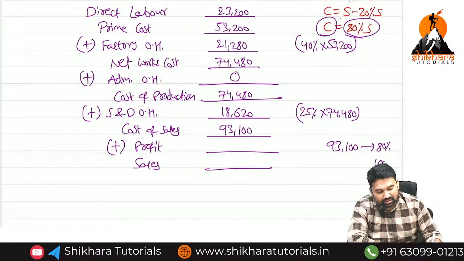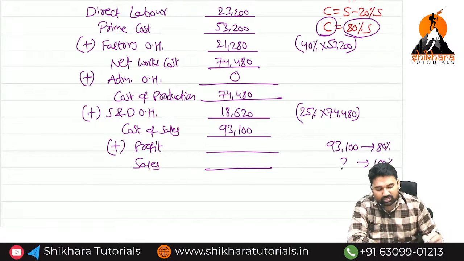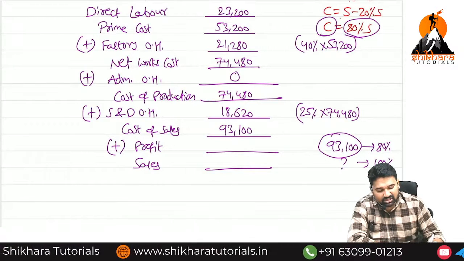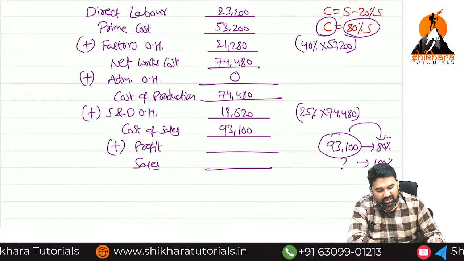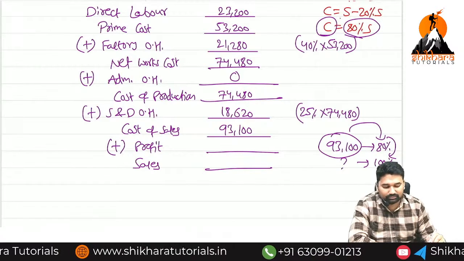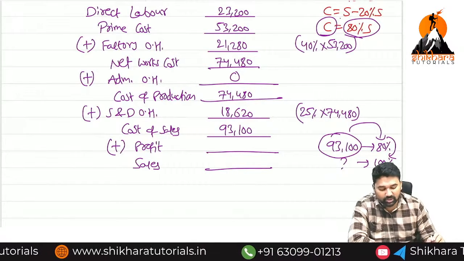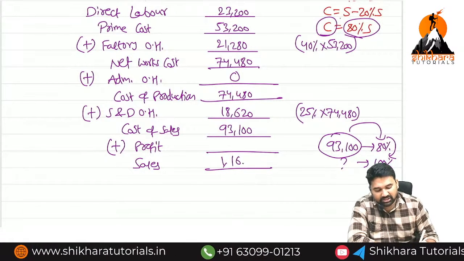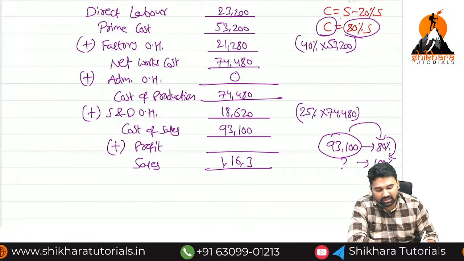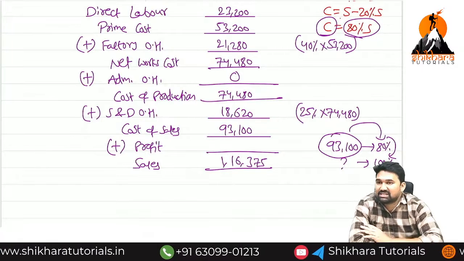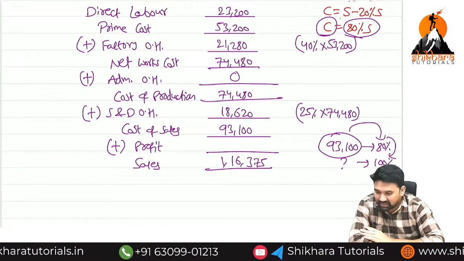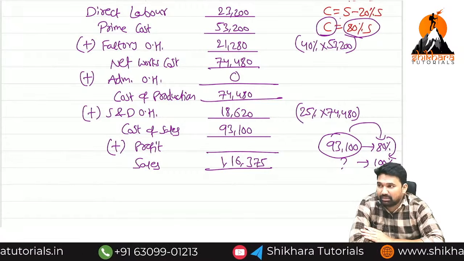Then 100% is how much? 93,100 by 80 into 100. That is 1,16,375. This is the sales amount.